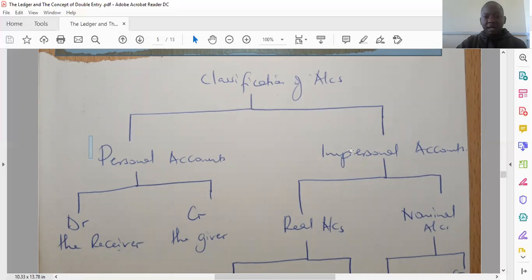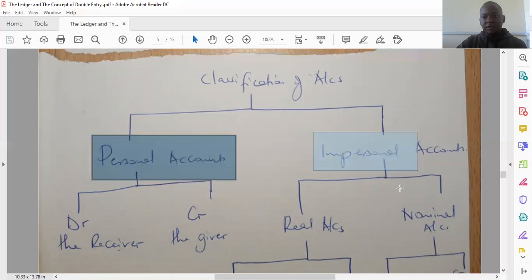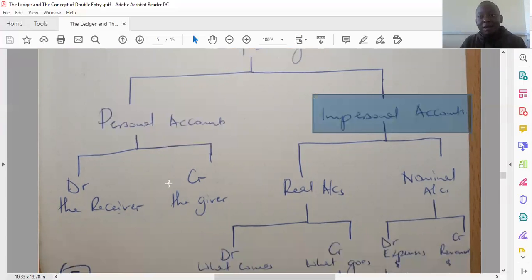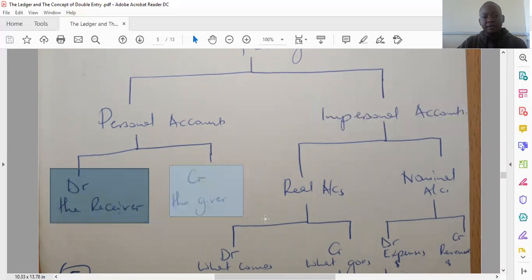We still have our personal accounts and impersonal accounts. Under the personal accounts, we have the creditors, the capital, and the debtors. Whenever a transaction takes place, we always debit the receiver and credit the giver.